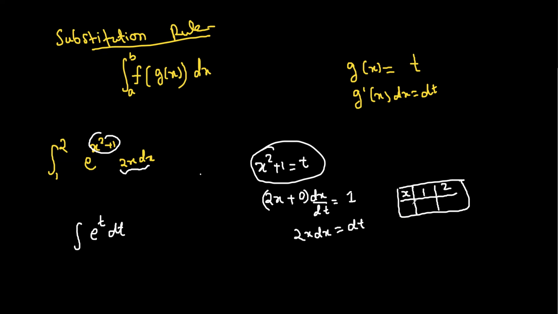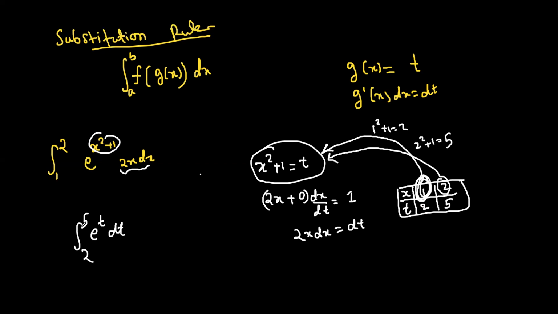Now you are going to change the variable x into t. When you put 1 here, you will get 1 square plus 1, that is 2. When you put 2 here, you will get 2 square plus 1, that is 5. So in the place of 1, write 2, and in the place of 2, write 5.